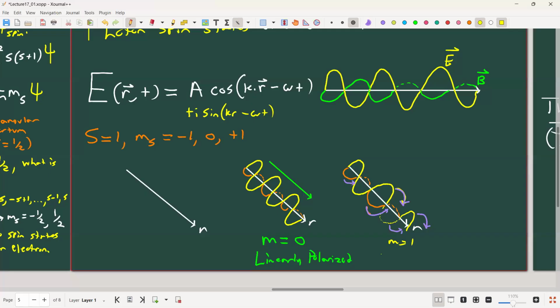Right? And we would call this right circularly polarized light. Okay, it's moving in a clockwise fashion, like a drill as it moves down. Right, it should be obvious what the m equals -1 is. It's just going in the opposite direction.